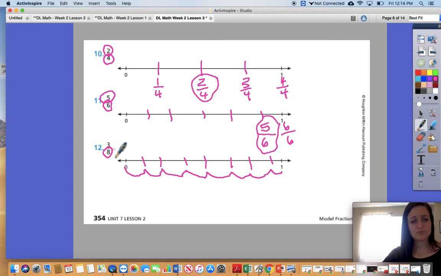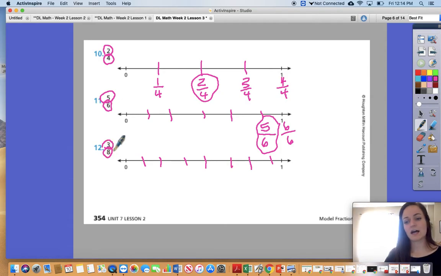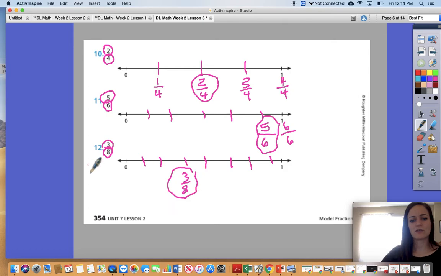Okay. I'm looking at my numerator, and I want 3/8. So I'm going to count. Okay. 1/8, 2/8, 3/8.